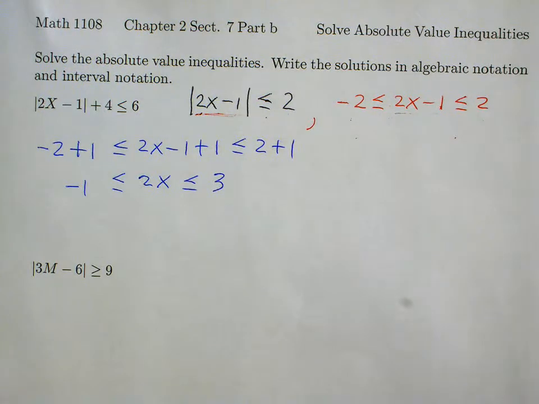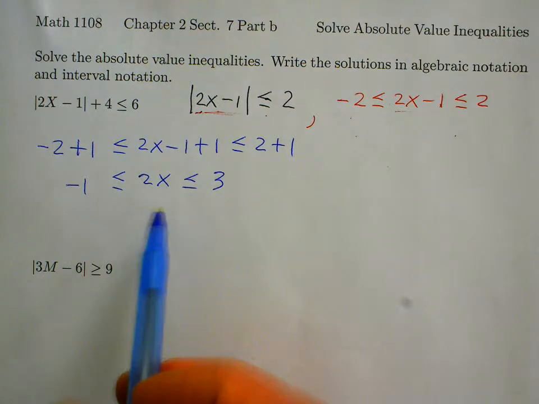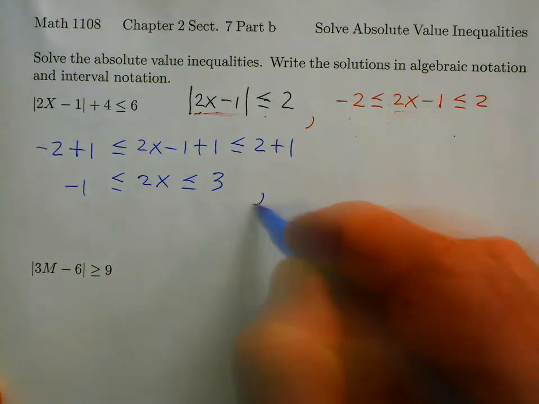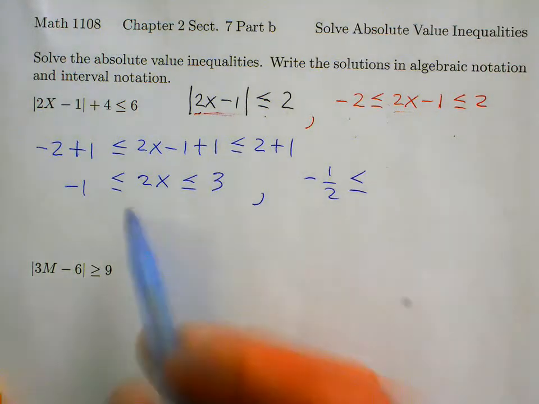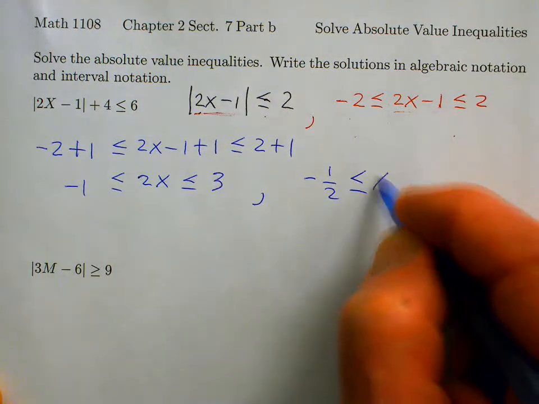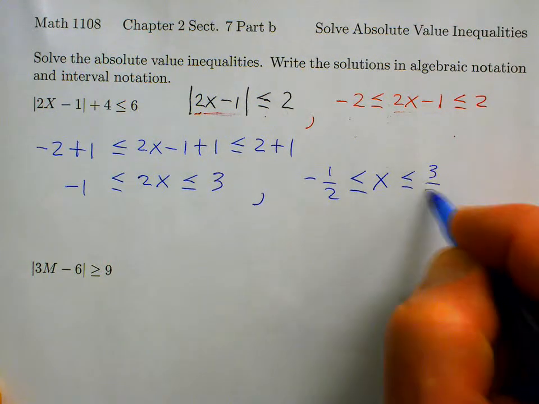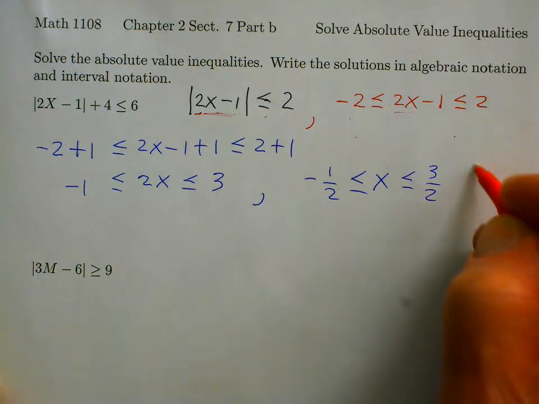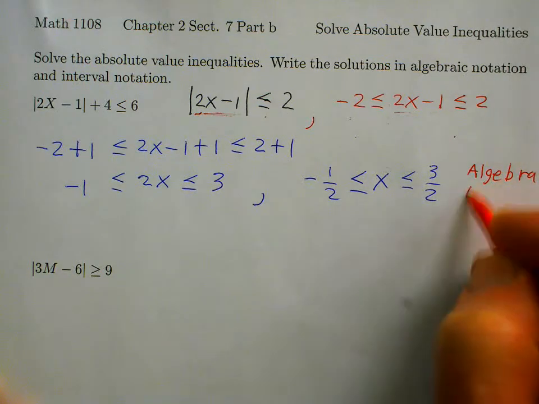Okay, now we're ready for the next step. We want to solve for x. So what should I do to all three parts this time? Yeah, divide each of the three parts by 2. So negative 1 divided by 2 is negative 1/2, less than or equal to 2x divided by 2 is x, which is less than or equal to 3 divided by 2 is 3/2. Okay, and we're done. This is the algebraic notation.